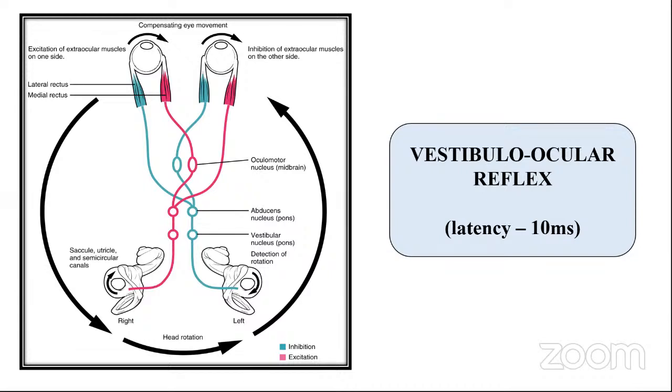So this diagram shows the inhibition of the extraocular muscles on the other side and excitation of extraocular muscles on the same side according to the head rotation. So this is responsible for the jerky movements.